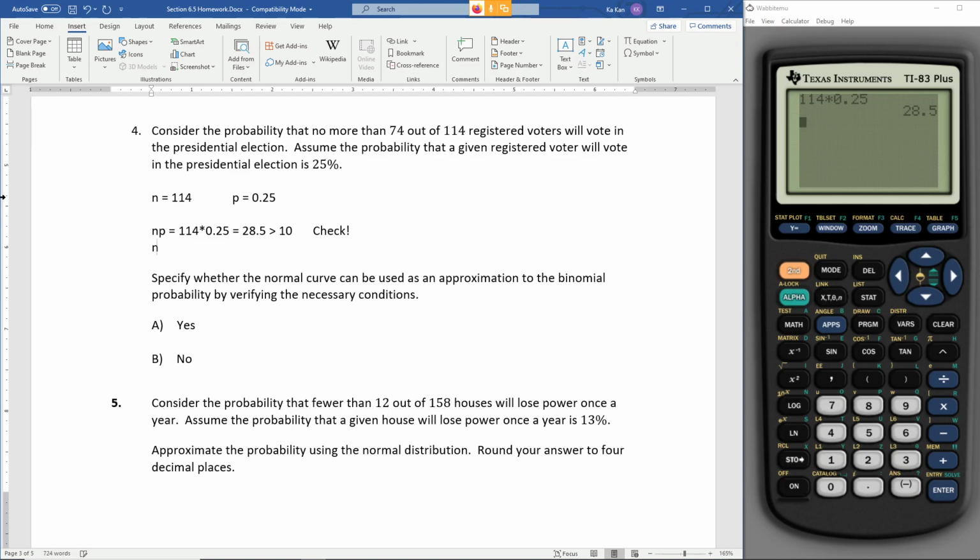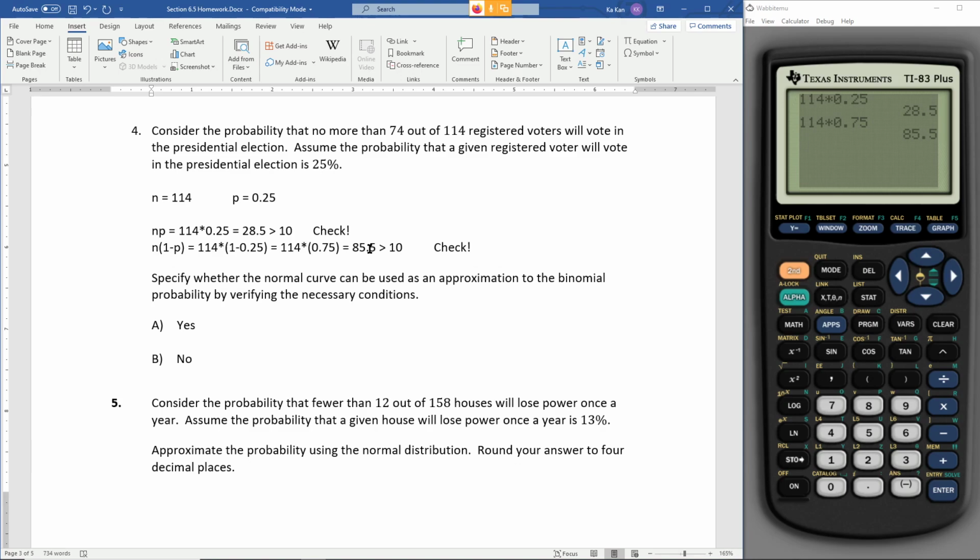Check. What is n times 1 minus p now? That will be equal to 114 times the probability of 1 minus 0.25. So the failure rate. So in our case would be 114 times 0.75. That's the failure rate. So that's equal to, let's see, 85.5. And that is bigger than 10 again.